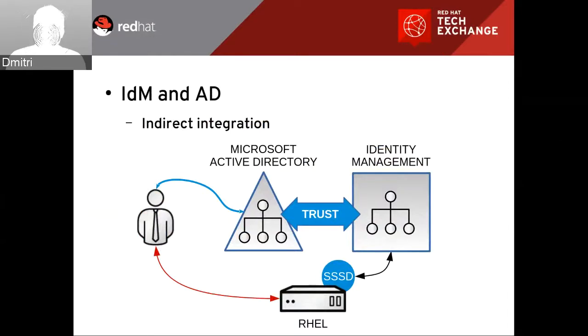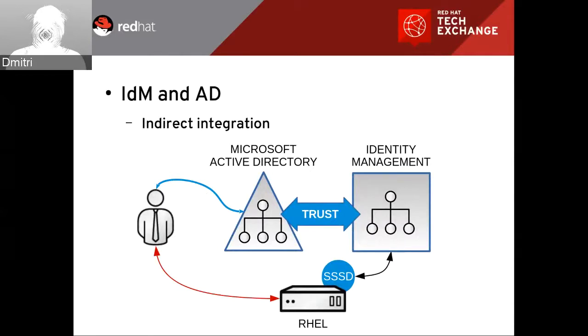Then there is a trust relation, established once from the identity management side to the Microsoft Active Directory forest. It's a cross-forest trust and requires administrator credentials. So effectively, you need to walk the Active Directory admin to the console or command line, do the work once, and then there is no other need for them to do anything about it.